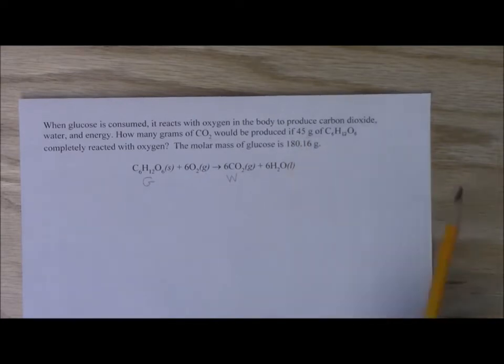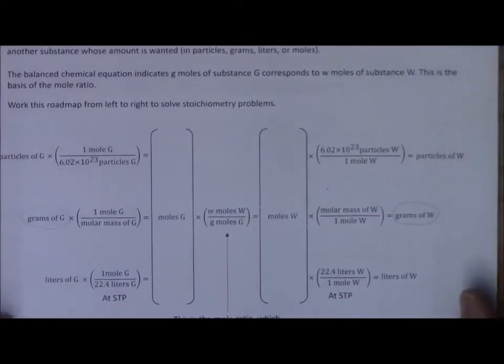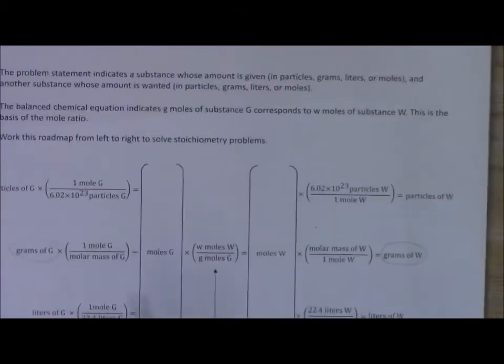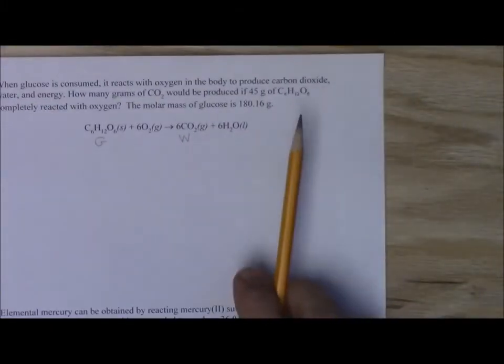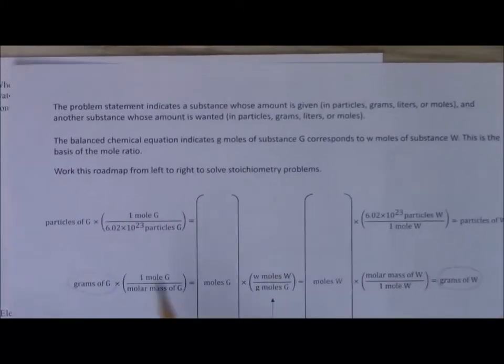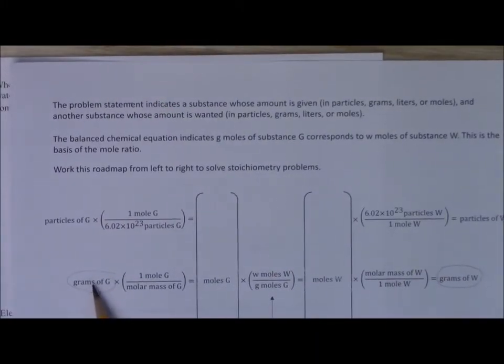So this is a gram-gram problem, and if we look at this, we've already circled our starting point and our ending point. So we're going to start with 45 grams of glucose. So 45 grams of glucose times 1 over the molar mass of glucose gives us the moles of glucose.